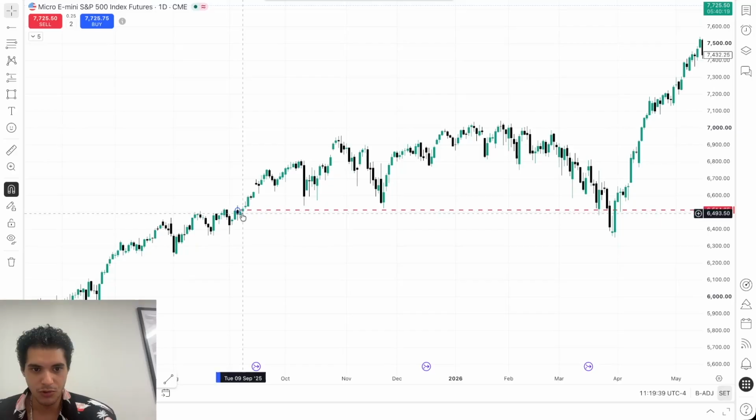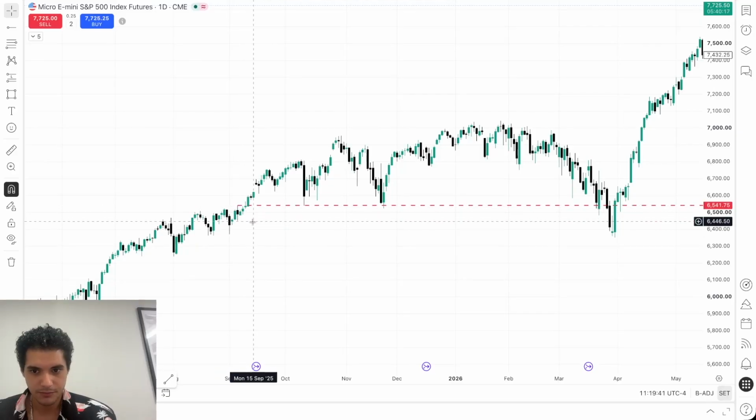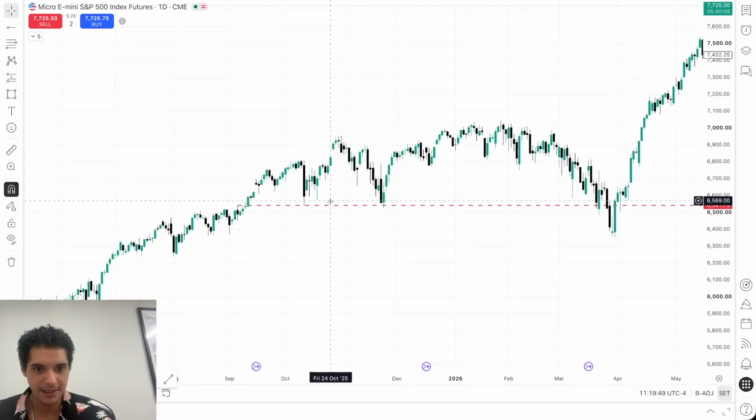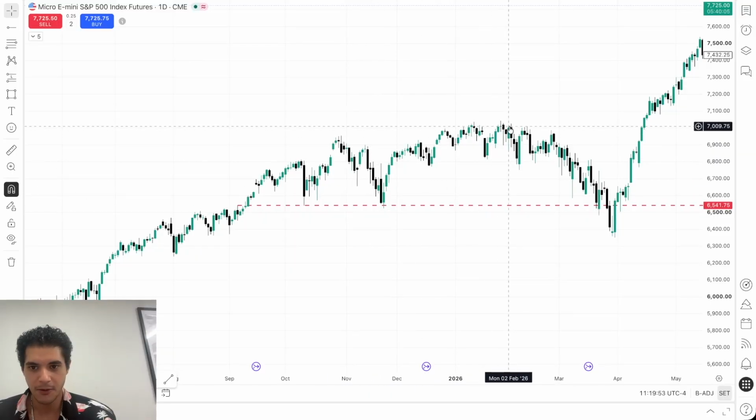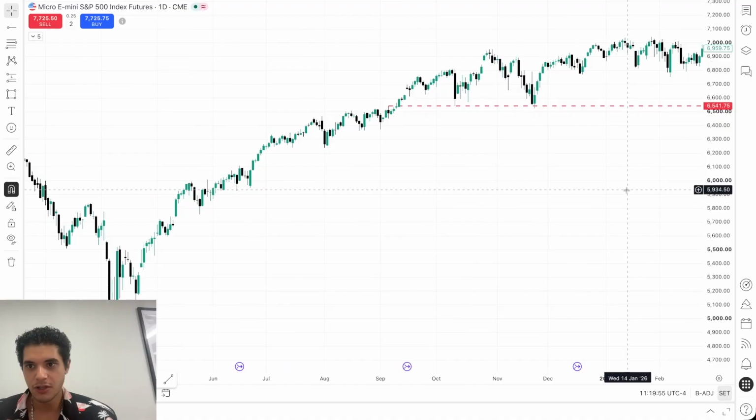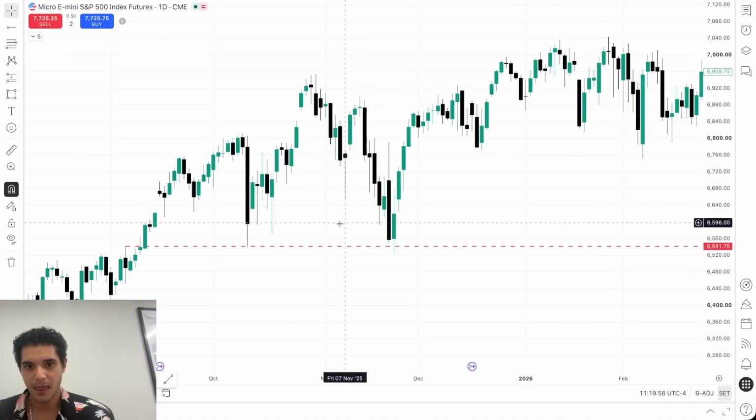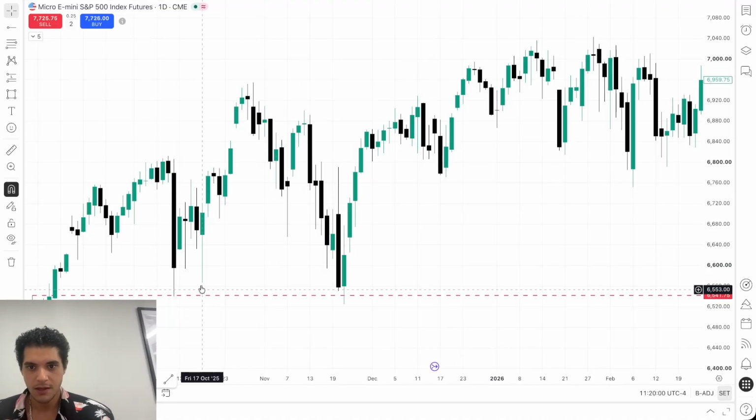Is a bullish order block. Price taps it once, makes a new high. Couldn't keep that momentum. Had to take this low before making a new high. Okay? If you're just looking at this, this could look like a consolidation up here.